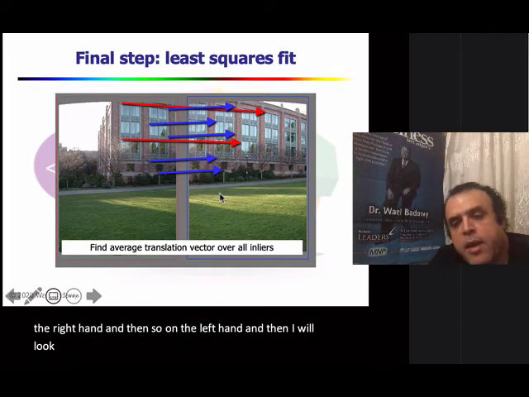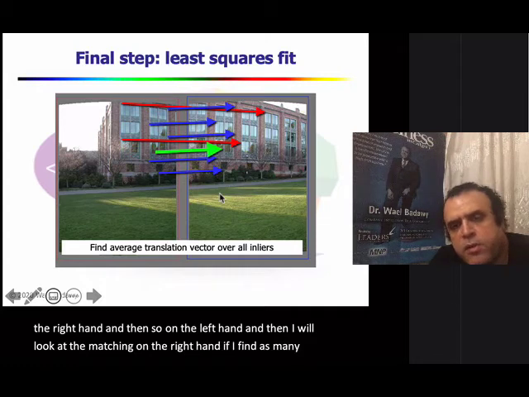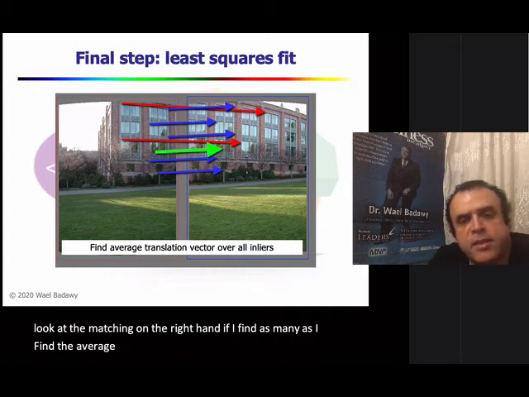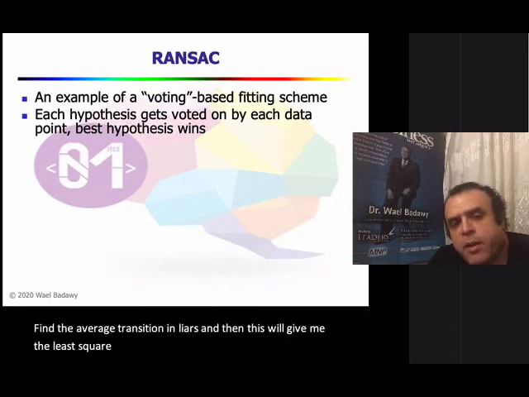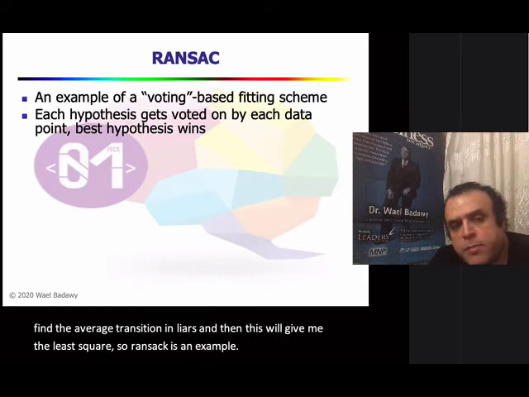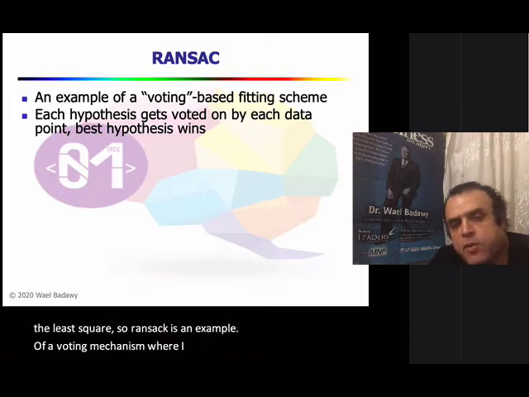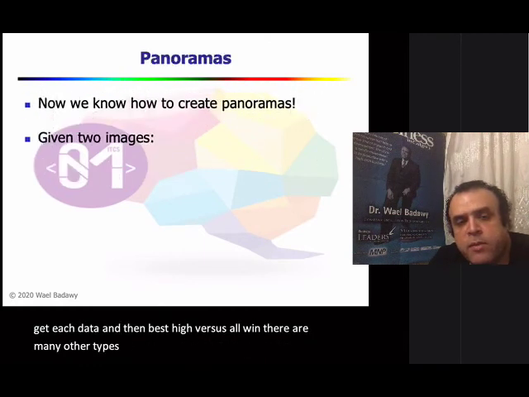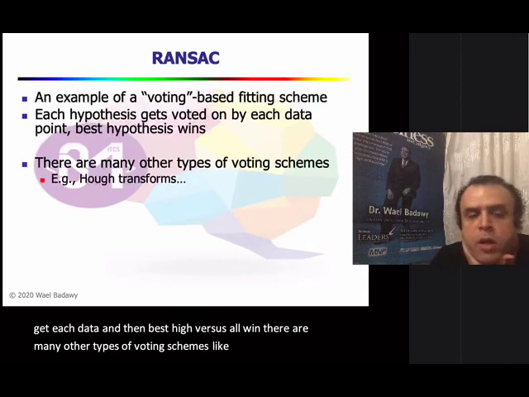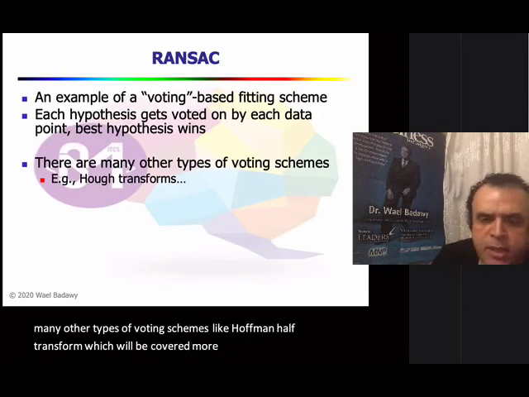If I find as many inliers as I can and take the average translation, this will give me the least squares. So RANSAC is an example of a voting mechanism where each hypothesis gets each data point, and the best hypothesis wins. There are many other types of voting schemes like the Hough transform, which will be covered more inside the tutorials.